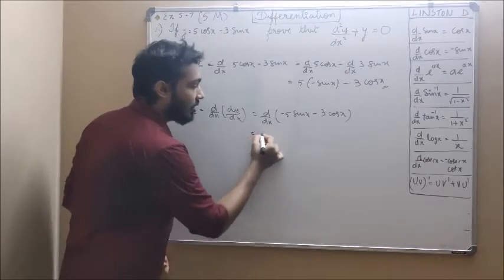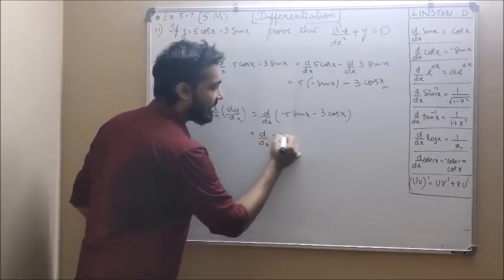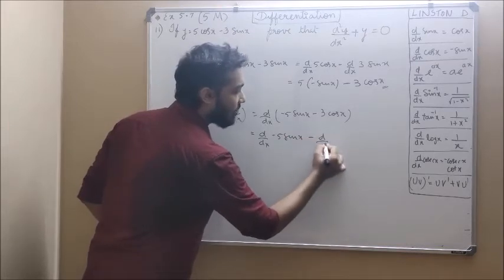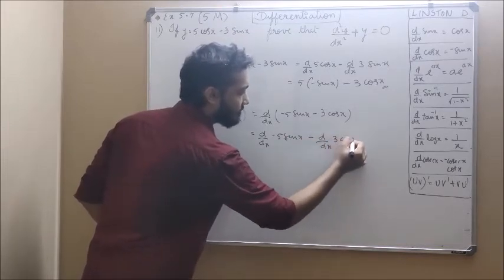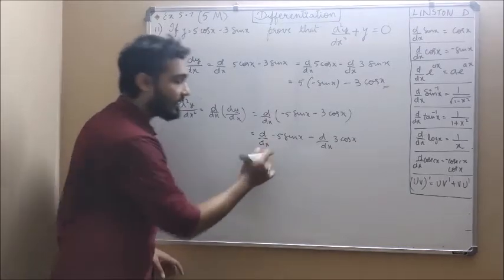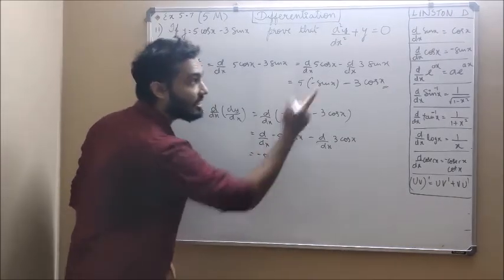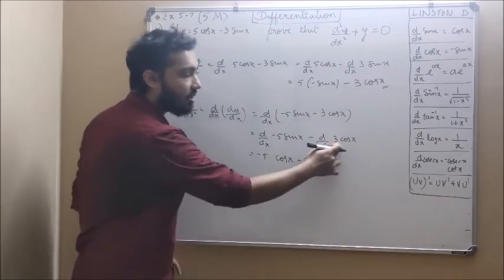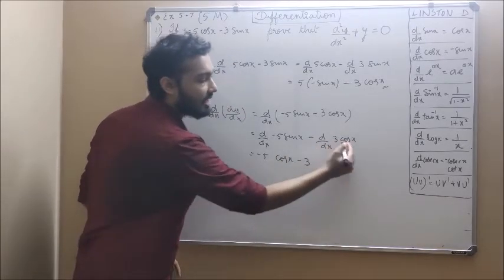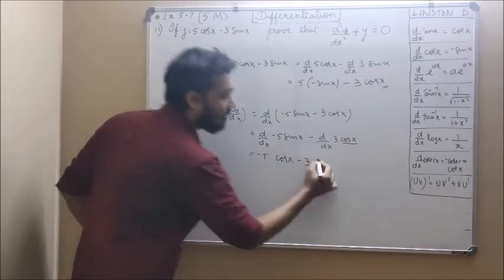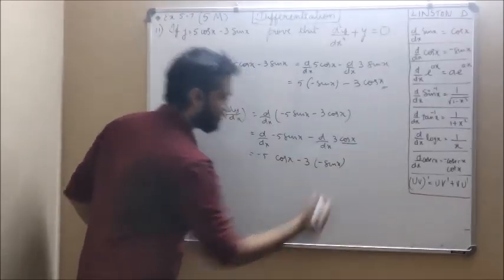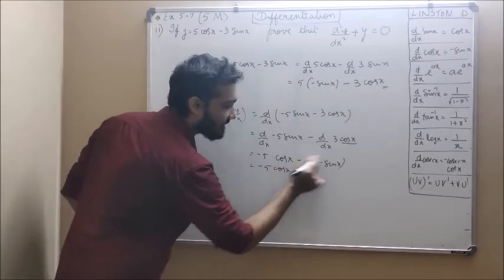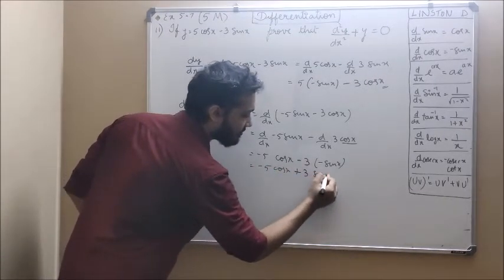So it is d by dx of minus 5 sin x minus d by dx of 3 cos x. Minus 5 is the constant, take it out, minus 5. Differentiation of sin x is cos x, minus, 3 is a constant, take it out, d by dx of 3 cos x. Differentiation of cos x is minus sin x. So it is minus 5 cos x minus minus, plus 3 sin x.